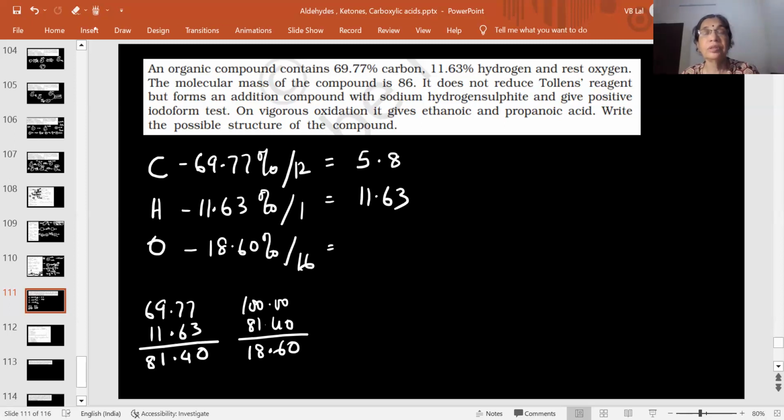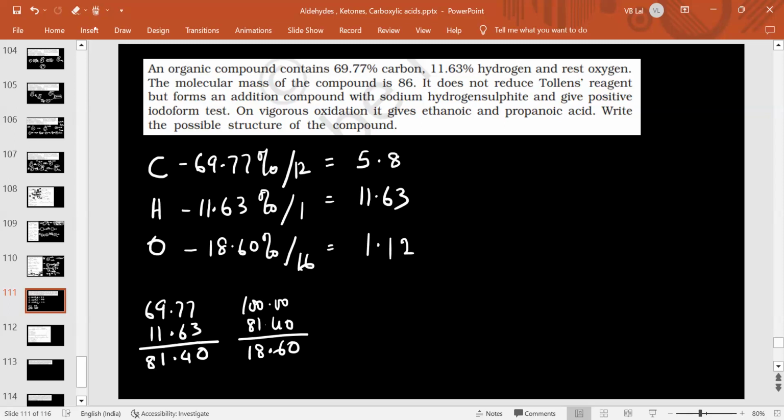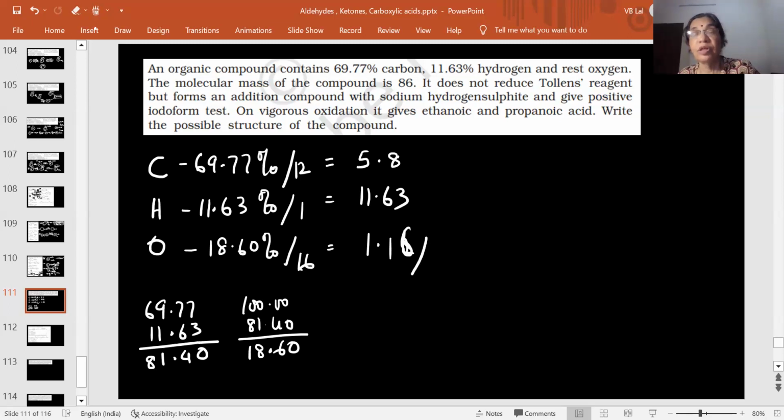And 18.6 divided by 16 is 1 point something, 1.16. Now, what is the next step that you do? You divide everyone by the smallest number. What is the smallest? 1.16, so 1.16, 1.16, and this also 1.16.